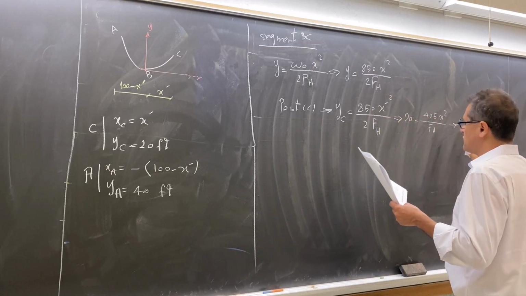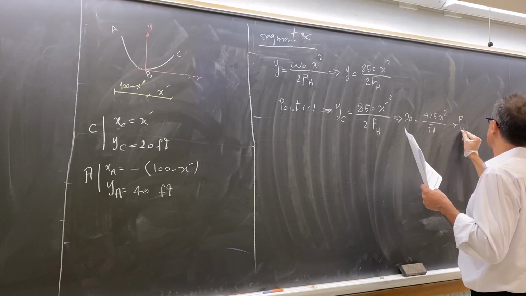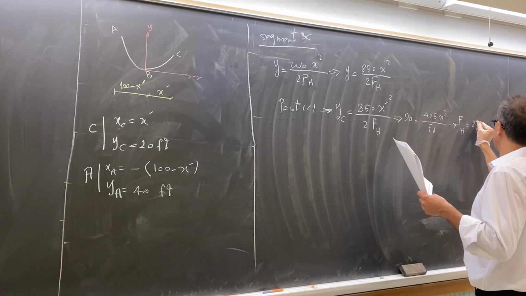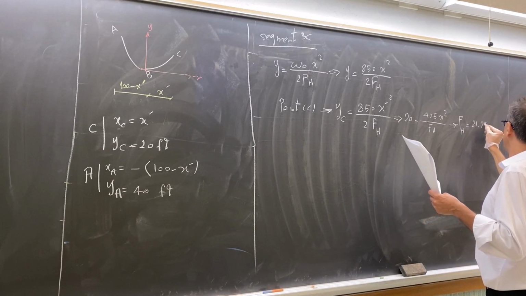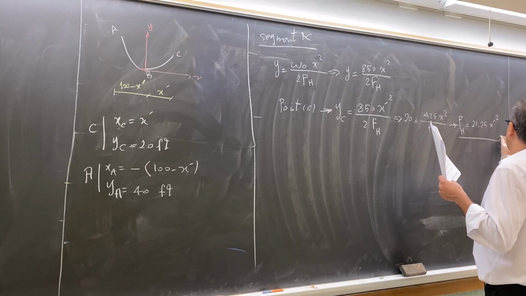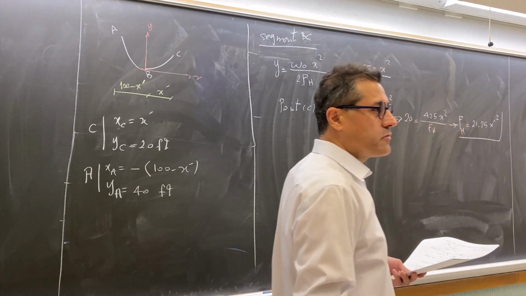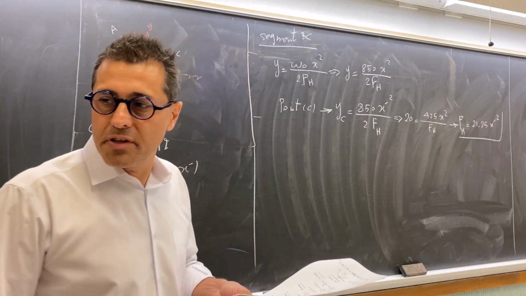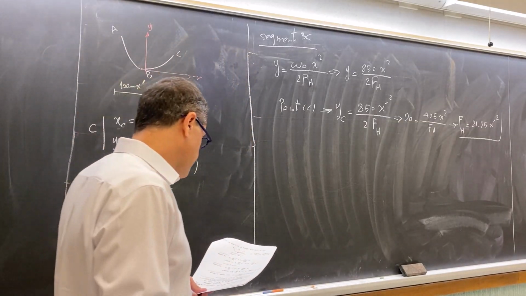So eventually, we find one equation for fh, which is 21.25 x prime squared, but we still don't have x prime. So we are looking for fh, but we don't have x prime.